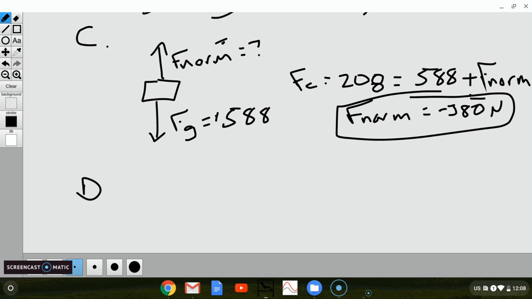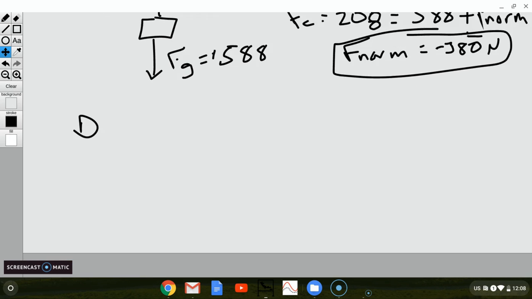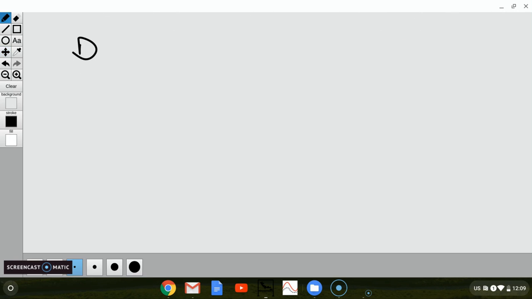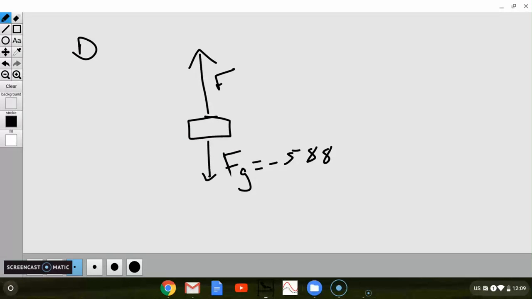Now, our normal force down at the bottom. If we draw this again, our force of gravity will be down, but this time it's negative because it's pointing away from the center of the circle, since it's at the bottom of the circle, and it's 588. And we know our normal force has got to be bigger now. We've got to figure out what that is.